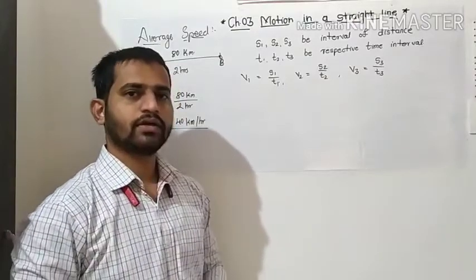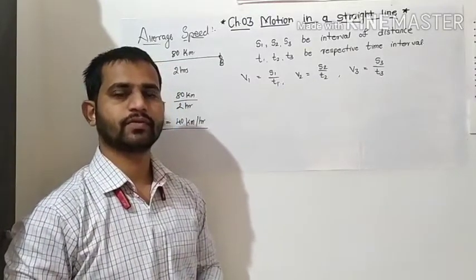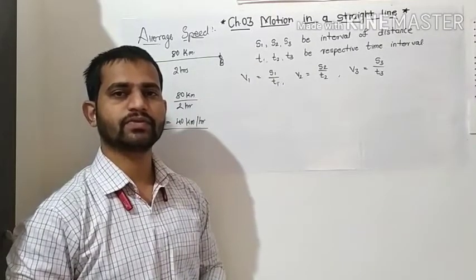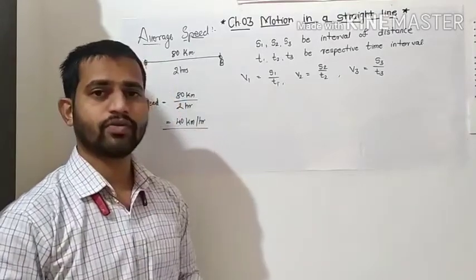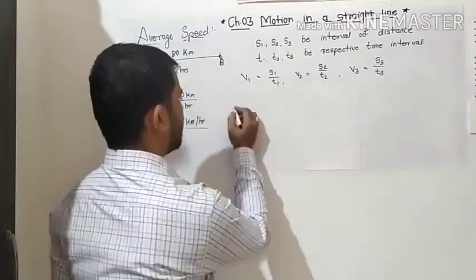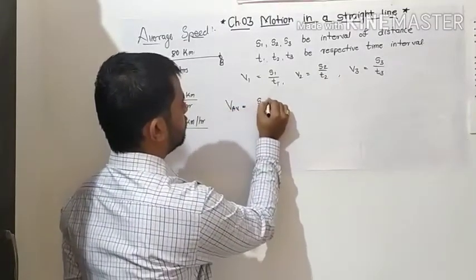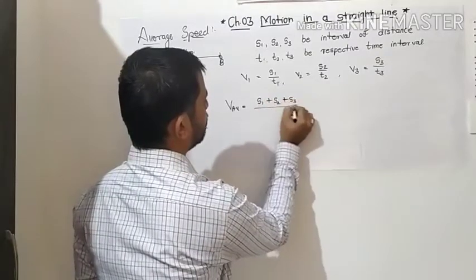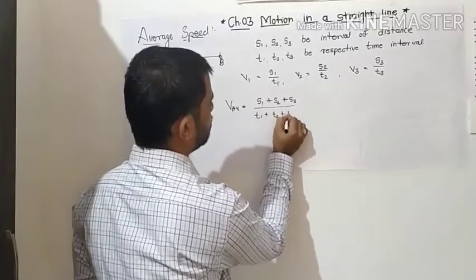Then what is the procedure to calculate the average speed? For that purpose we can use the direct formula of average speed: V average equals S1 plus S2 plus S3 upon T1 plus T2 plus T3.